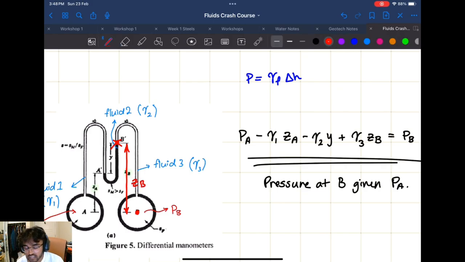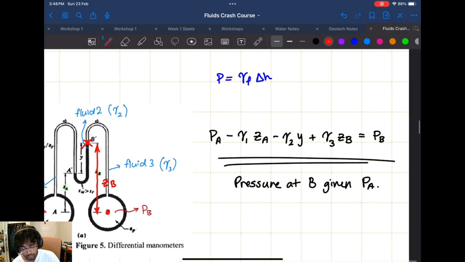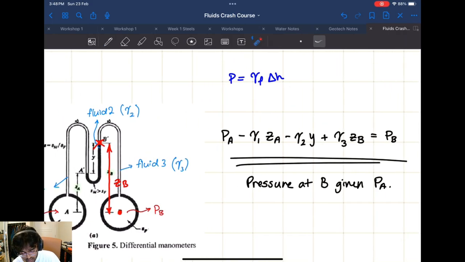It's not really negative, it's just we're going downwards. So the pressure change, so these are all pressure changes, by the way. So I should probably denote this as pressure change. So at certain points of the pipes, of the tubes, the pressure changes by this much.